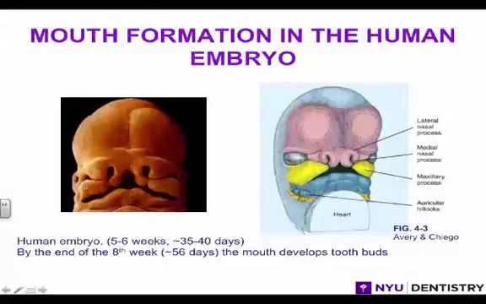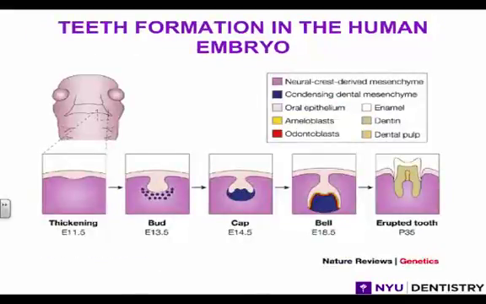I can see this is called the maxillary process. We're going to see all these parts growing together and then coming together to form the philtrum right over here. So that's really between 5 to 6 weeks, and you can see how early on the face has already undergone development.